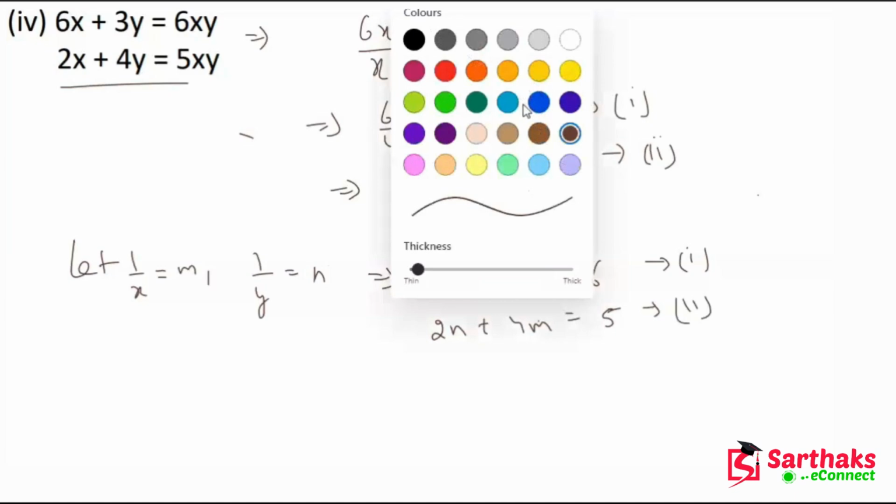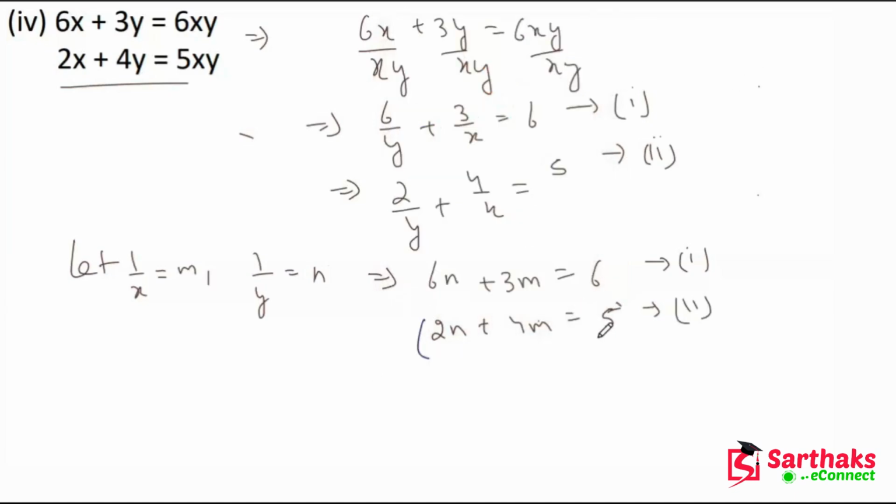Now again, if we multiply this by 3, then it will become 6n plus 12m is equal to 15. This is our third equation. Now subtract equation first from third.